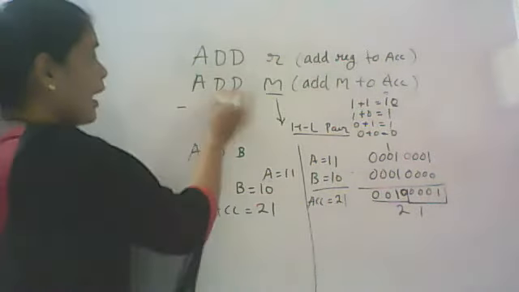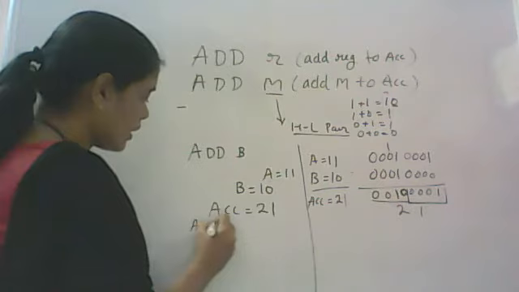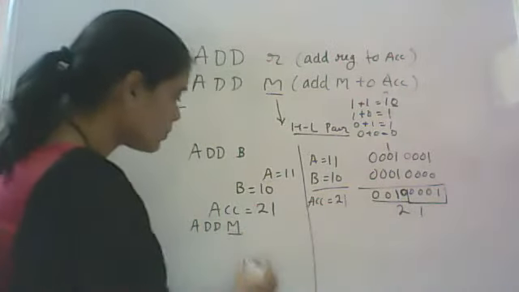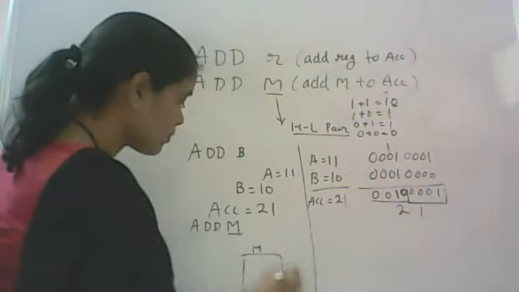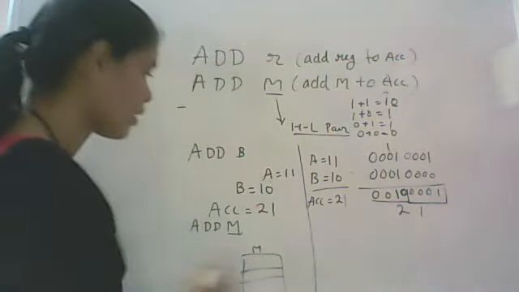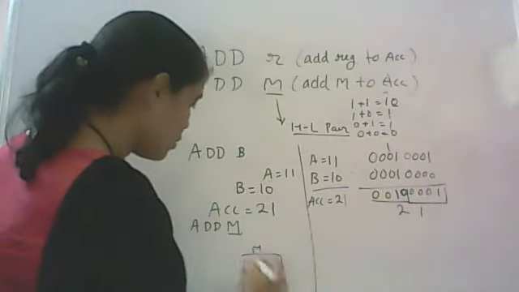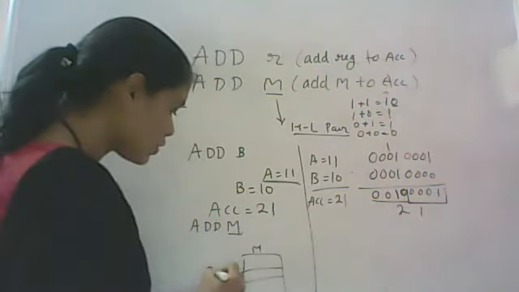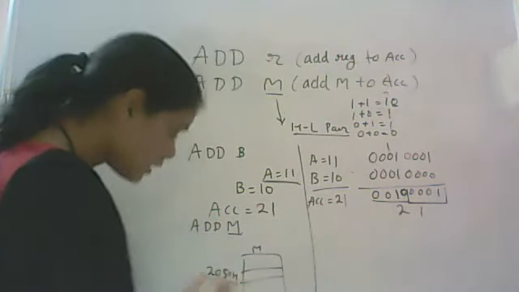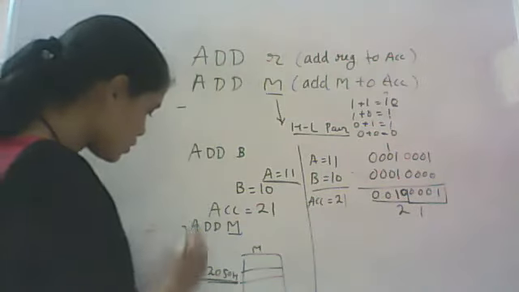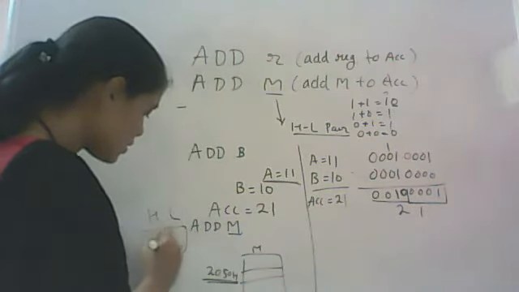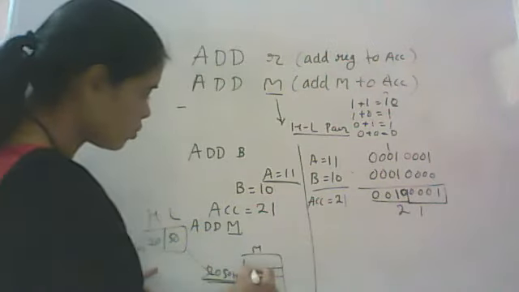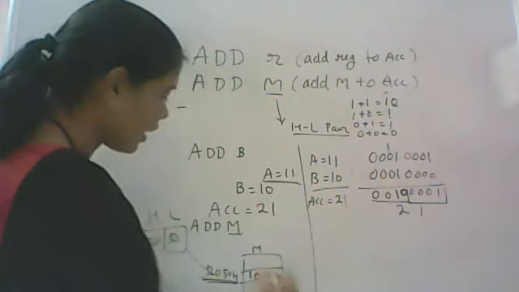Say ADD M. If you use ADD M, the memory location is used. Say the accumulator content is 21 and the memory location is 2050 hex, stored in the HL register pair as 20 and 50. This memory location stores 10 hex.